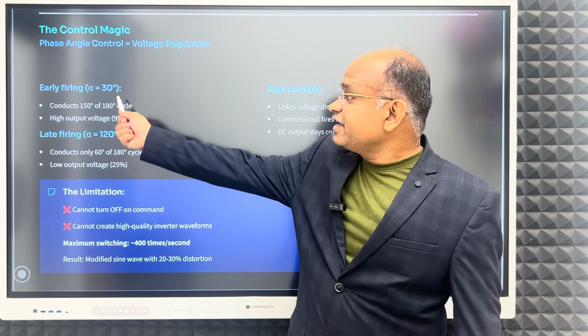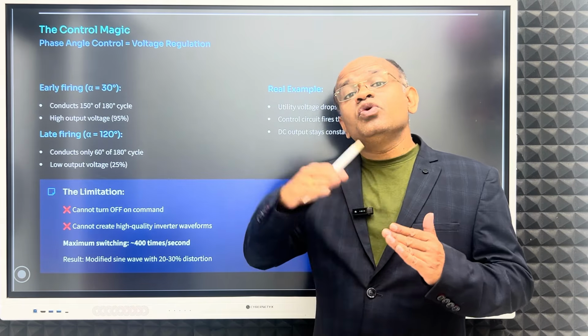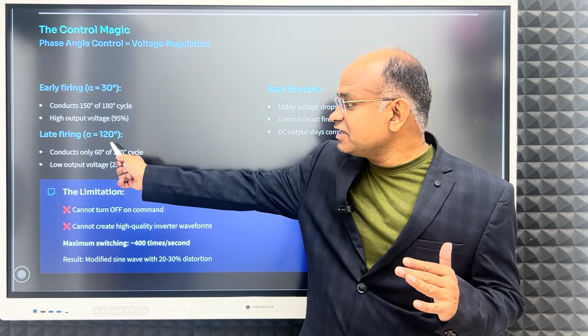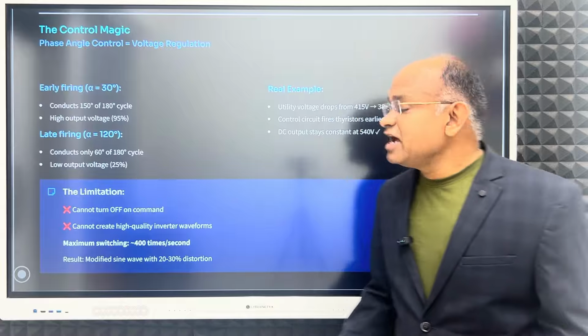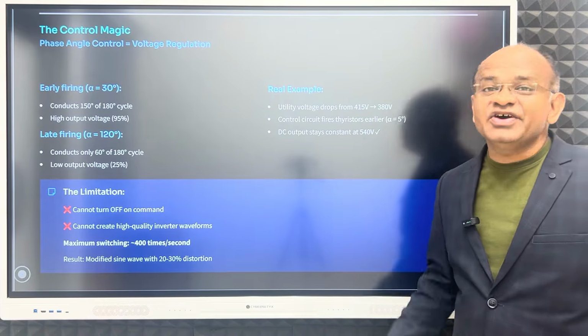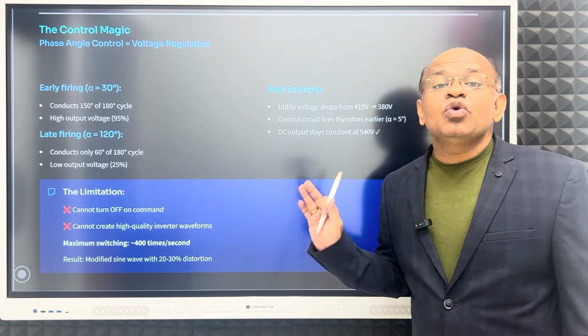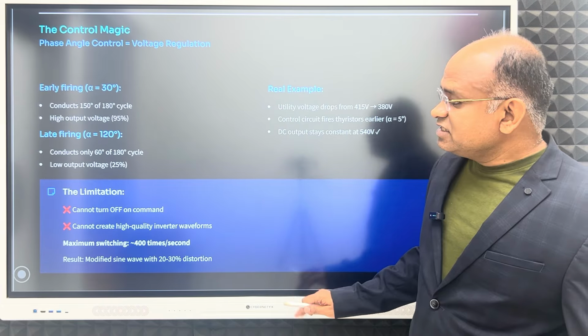If you fire it early, the voltage level will be higher. We have seen that at 30 it is 95%, at 120 it is 25%, and at 5 it will be higher. In this way, voltage regulation is possible.